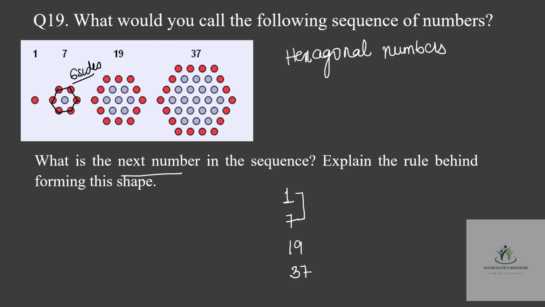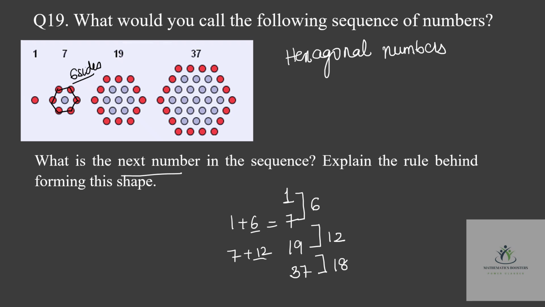Check the gap, 6. So 1 plus 6 gives you 7. Now what is the gap between them? 12. Now 7 plus 12 gives you 19. What is the next gap, between 19 and 37?